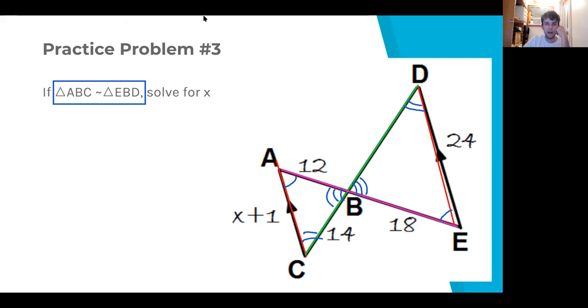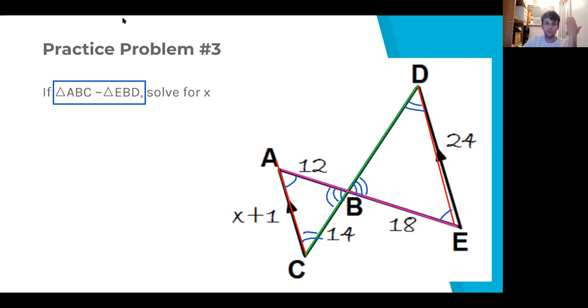Either way. The other great thing about here is we've actually already identified the corresponding sides just by sort of color coding it. Like the purple sides go together, 12 and 18. You can take a look at the angles to help you identify that, right? So for instance, 12 is in between the single mark and the triple mark. 18 is also between those. So those sides correspond with one another, they're in the same position.